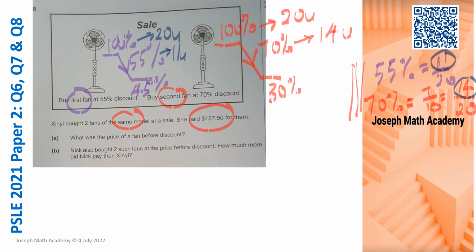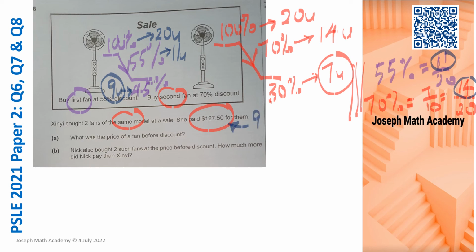So Xing Yi actually paid how many units for the first fan, which is the 45%? So 45% is actually 9 units. And the 30% is actually 7 units. So I'm going to use this and this to connect it to the $127.50.